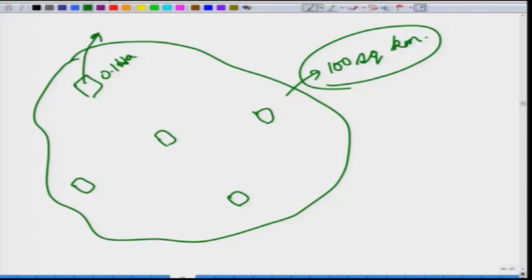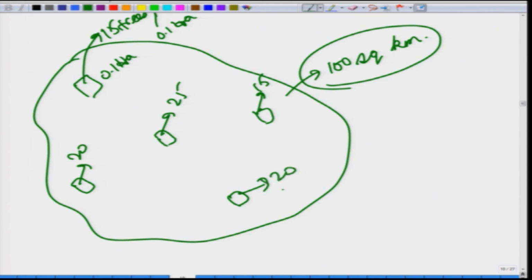So, in this case, suppose you find that you have 15 trees in 0.1 hectare, here you have say 20 trees, here you have 25, here you have 15 and here you have 20. So, in this case you can take an average of all of these readings.